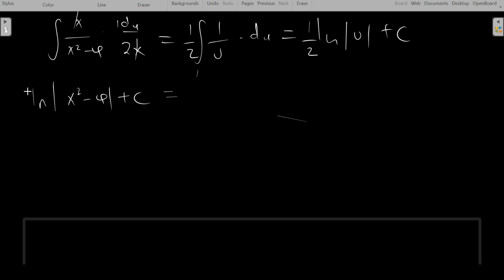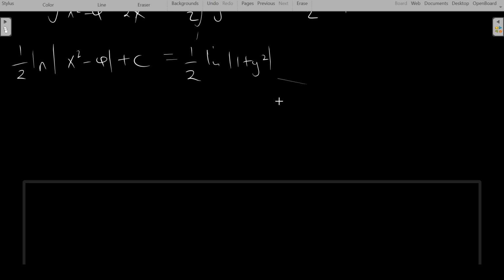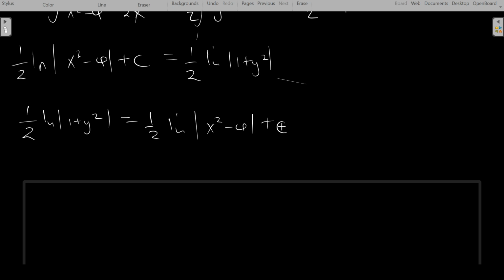Now I'm saying ln of 1 plus y squared should equal a half ln, and once we have this, we'll rearrange it so that a half ln of 1 plus y squared should equal a half ln of x squared minus 4 plus a constant of integration c.